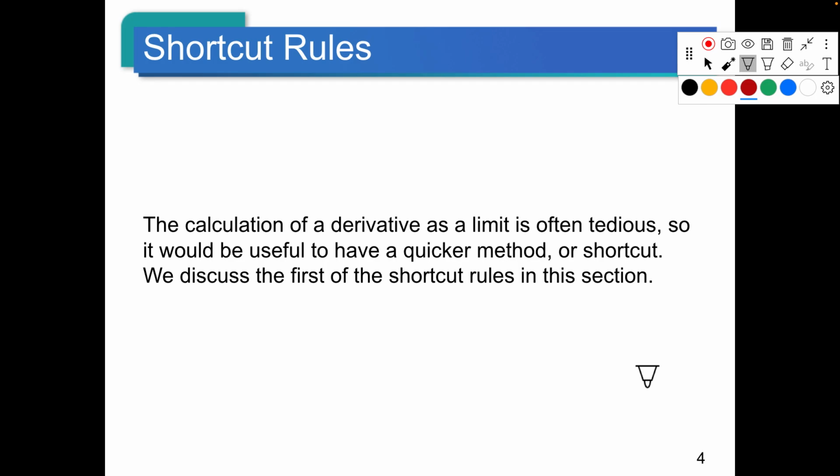We don't use it much after this, because it's really just to say, hey, we can let these 2 points become 1 point. Now we've got instantaneous rate of change, we've got the derivative, and we've got some shortcut rules that will get us there. So it's just saying we could be using limits, but it's very tedious, a lot of algebraic stuff that goes on. So we're going to go right to the quicker method, which we just did. Right? So that's all it's saying.